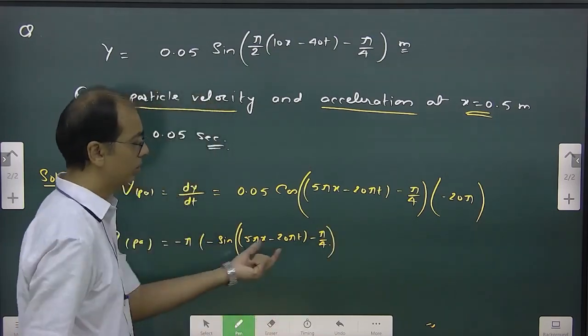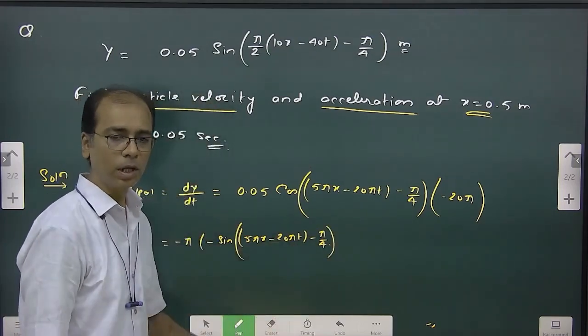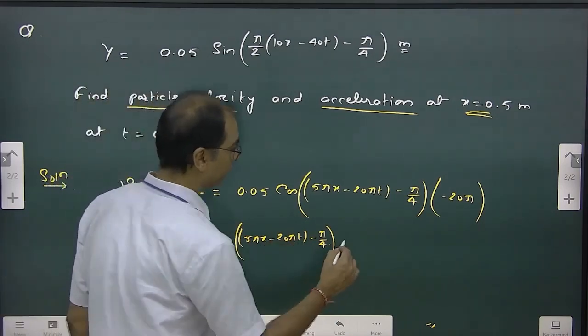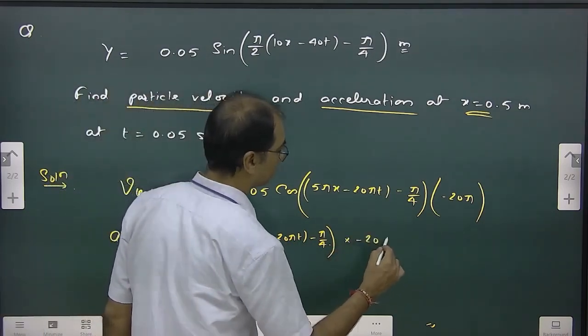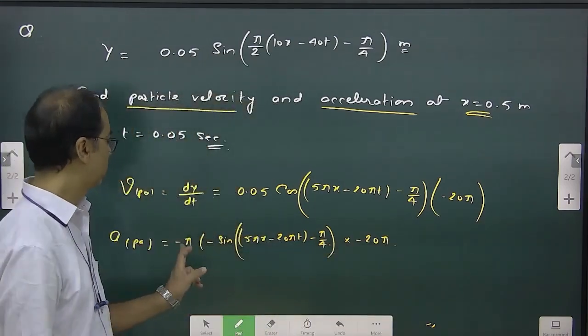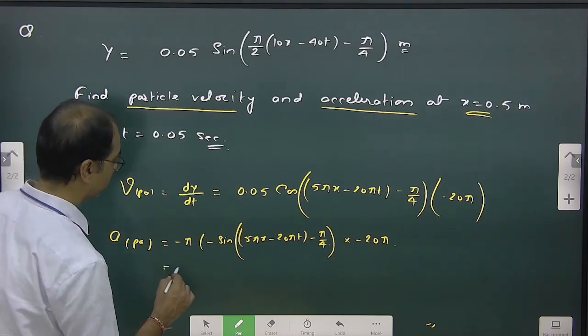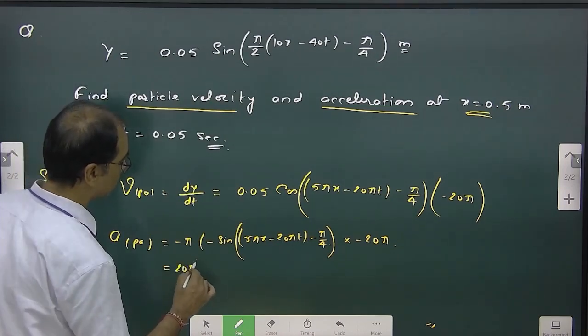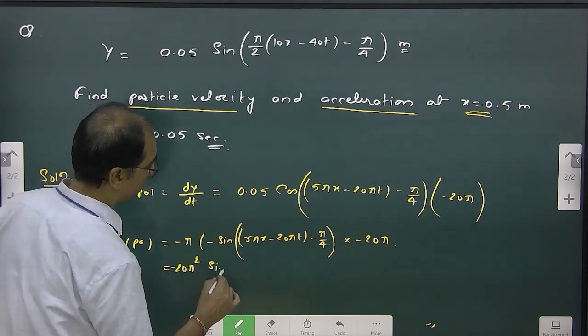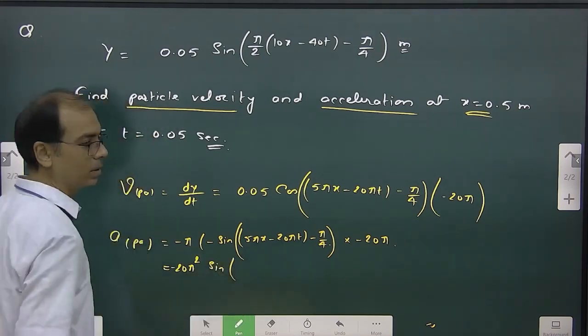Then differentiation of this again, one more time with respect to t. So that means only this. So that means minus 25. Okay, so minus 20 pi and this pi, it becomes 20 pi square. Then this minus is here. So sine. Now this came what? This all came, I think, 3 pi by 2.